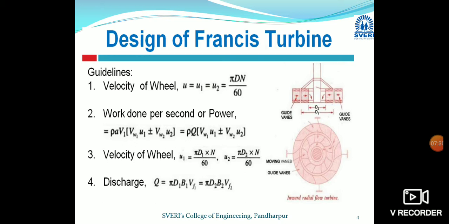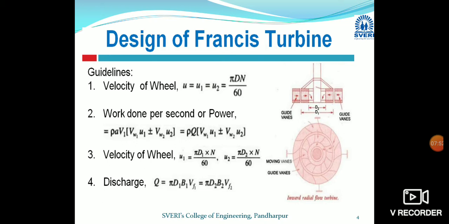Then what is the discharge? As the discharge is flowing along the periphery, we have to take the area as a peripheral area. Therefore discharge is nothing but pi d1 b1 into Vf1, because every time I told you that Vf1 and Vf2 are the flow components responsible for the discharge.